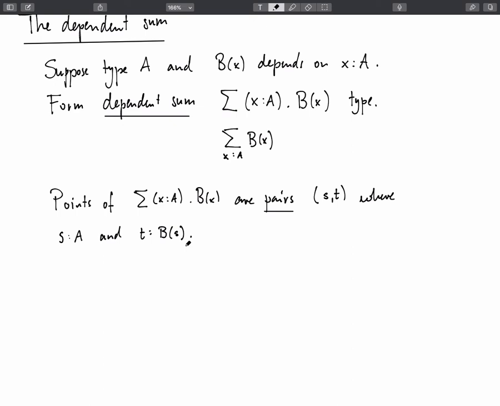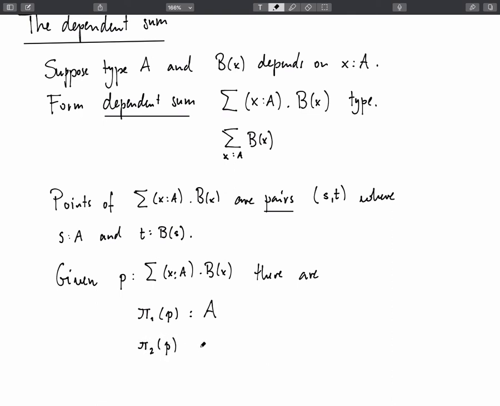Okay, what are some deconstructors? Given some point P of this type, there are the following points: pi 1 of P, which is of type A, and pi 2 of P, which is of type B, pi 1 of P. And these are called projections.